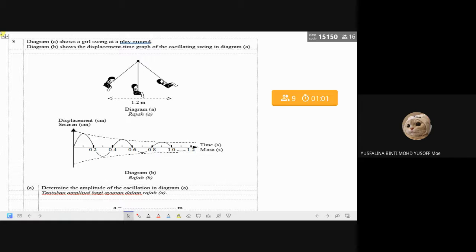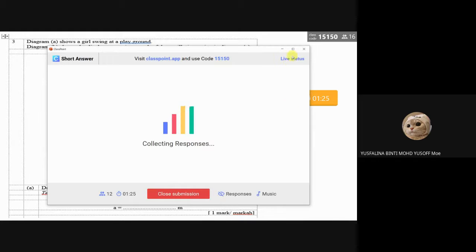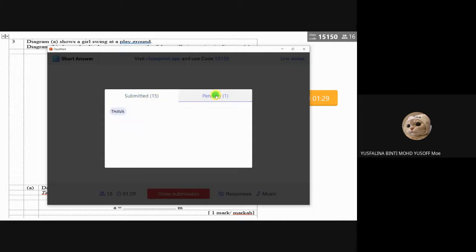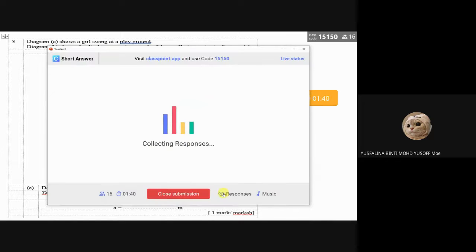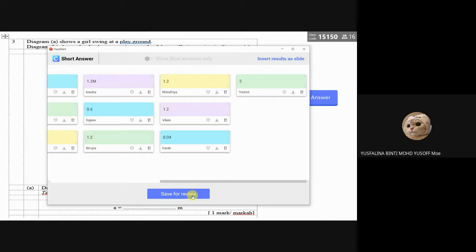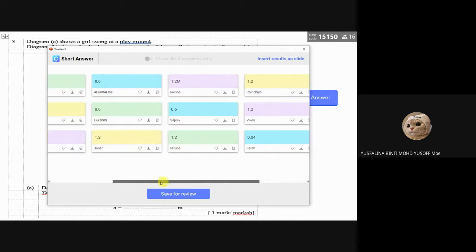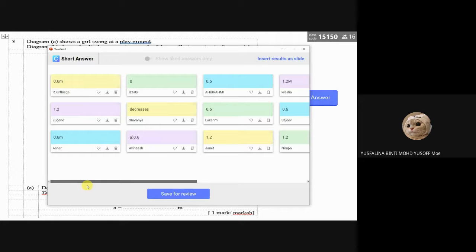What is the amplitude here? Alright, some answer 2, some answer 1.2, 0.6, 1.2, decrease 0.6, 0.